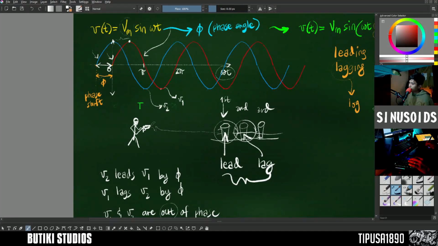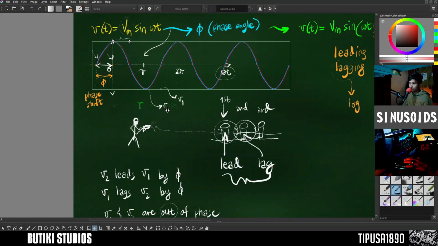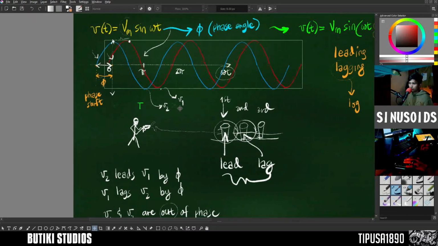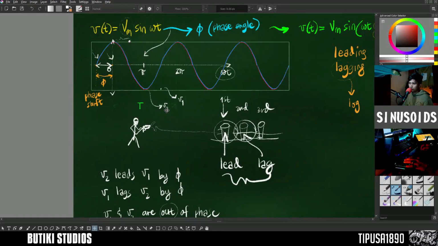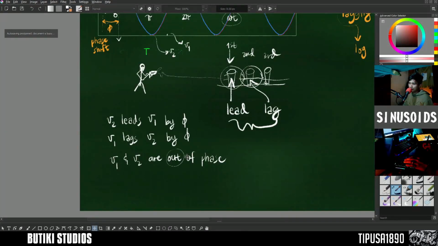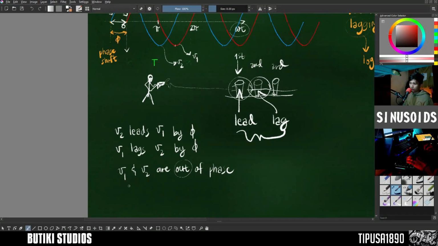But if V1 and V2 coincide, originally they were apart, but if they coincide, they have the same phase, right? So if they coincide, they are called in phase. V1 and V2 are in phase.